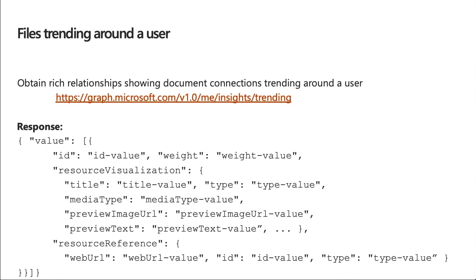The visualization is what can be used in the preview rendering. So you have the title of the document, the type of the document, and the media type of the document. Is it an image? Is it a PowerPoint slide presentation? Is it a Word doc? And then there's a preview image that you can use, which is a URL to that preview image. And finally, there's preview text as well, if that's applicable.